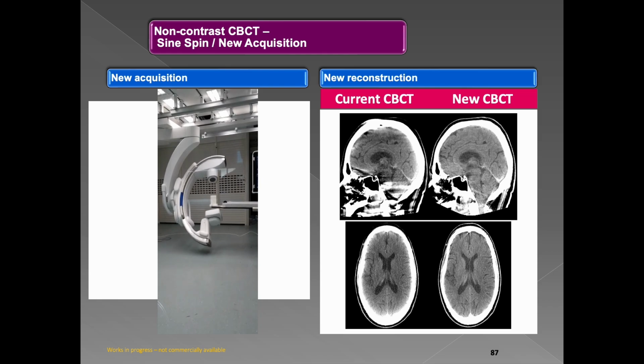Rotational scans can take place in the lab itself. We can find out the cerebral perfusion within the lab, so that when the patient's stroke call comes in, you can activate the team and reduce the time. There is a concept called door to needle time.